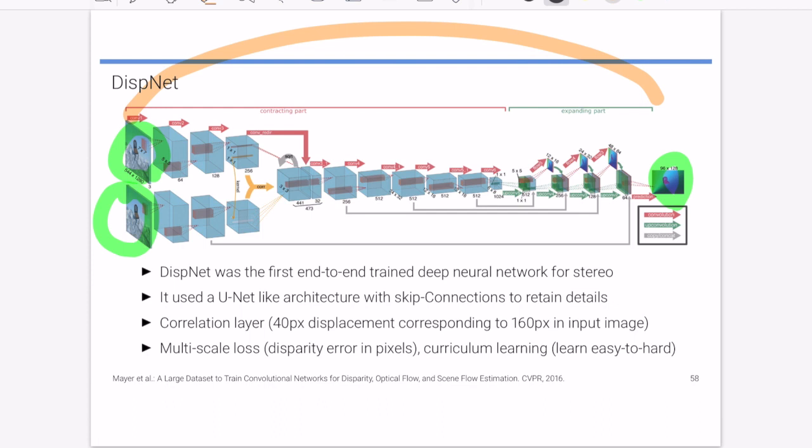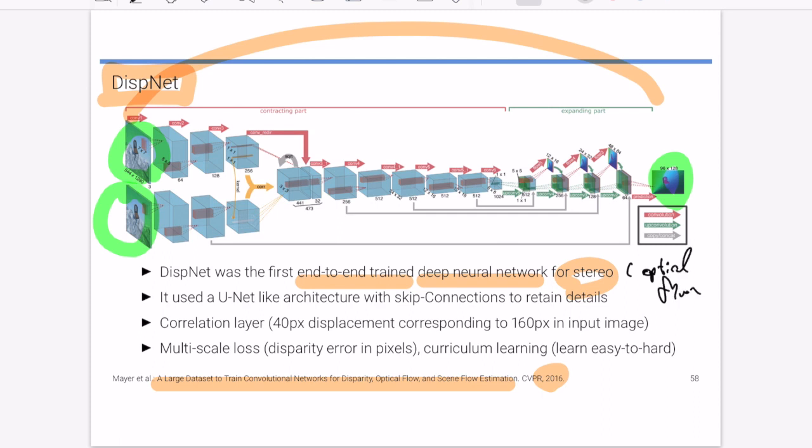So this is called an end-to-end network. DispNet, which was proposed with the Flying Chairs dataset to train a convolutional network for disparity, optical flow and scene flow estimation in CVPR 2016, was the first end-to-end trained deep neural network for stereo or optical flow.